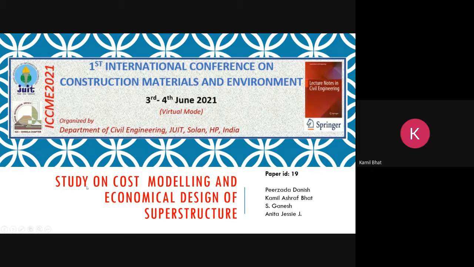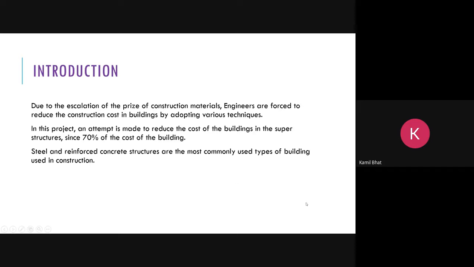Paper ID 19 topic is study on cost modeling and economic design of superstructure. These are the authors. Most commonly there are two types of buildings used: steel and reinforced concrete buildings. Whenever we take any project, we need to determine which is more economic, and in this paper we will see which is more economic for a common residential building in Chennai area as per rates in Chennai area.